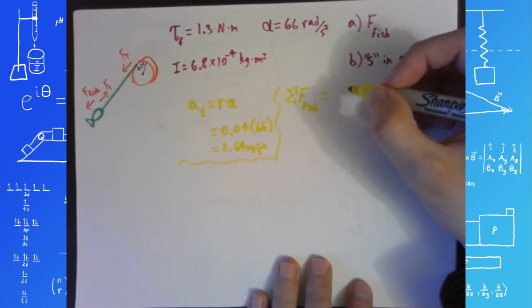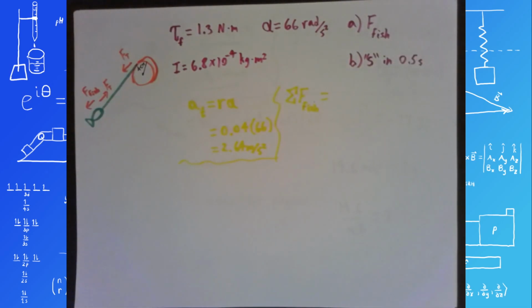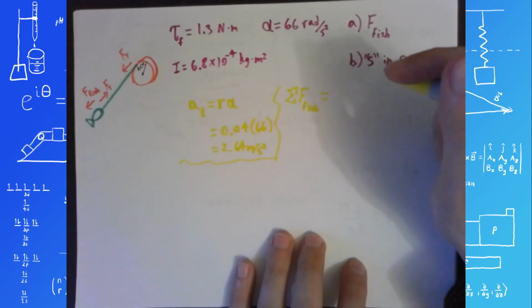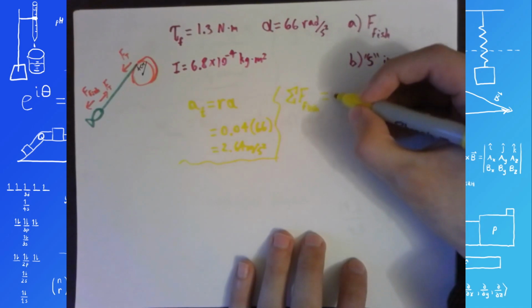equals, well, I guess we don't really know the mass of the fish, do we? So how are we supposed to figure out... maybe they just intended for us to just assume that the force exerted by the fish is equal to the force of tension, but that would... Maybe I am overthinking this problem.